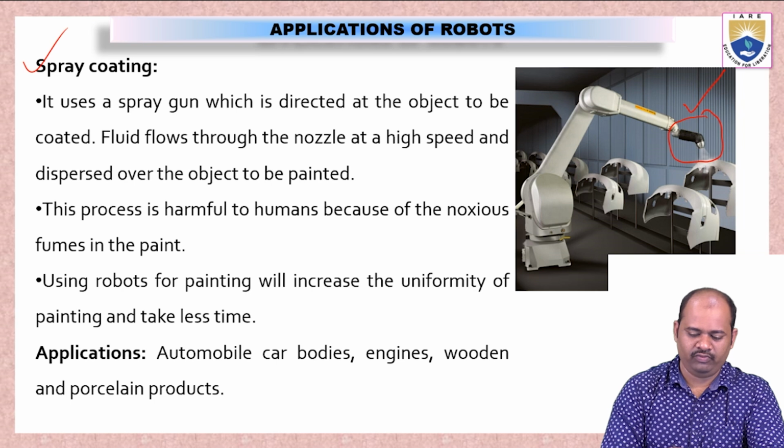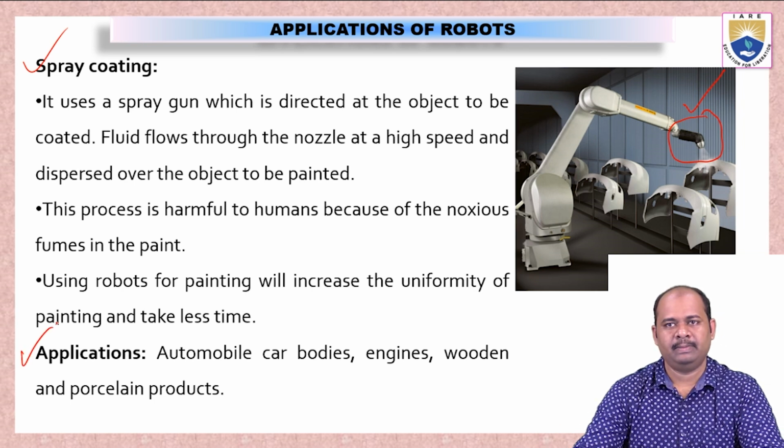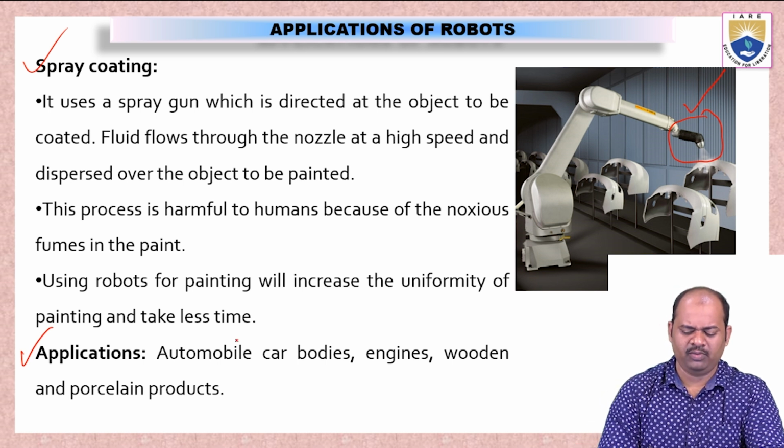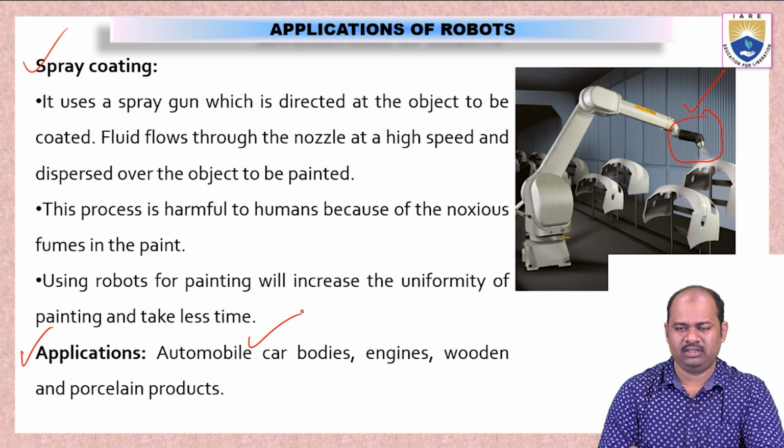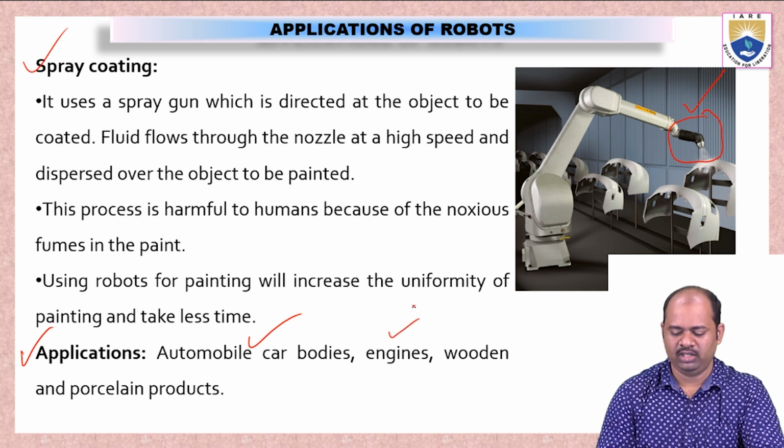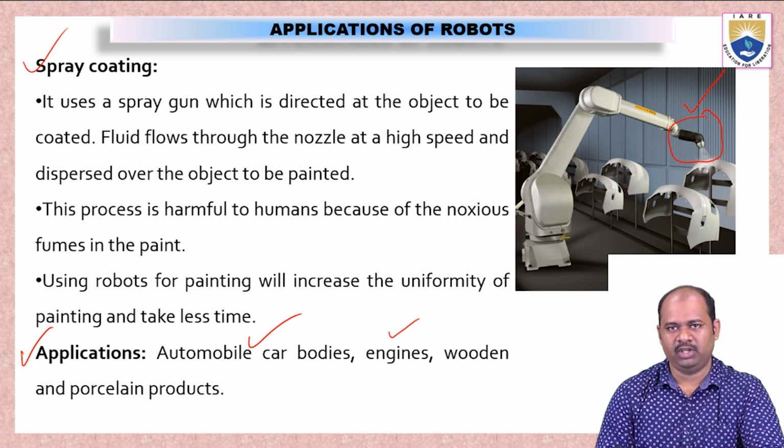And some applications of using the spray coating robots are automobile car bodies, engines, wooden and porcelain products. So automobiles are mostly cars and trucks, and engines are like the engines we use inside the car body. We paint them sometimes. Mostly they are all made up of aluminum.